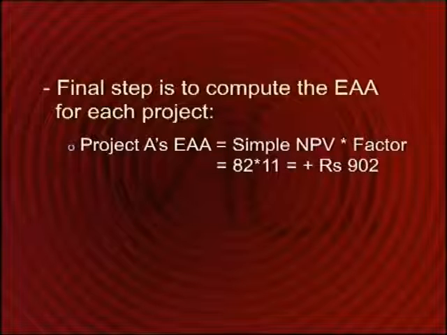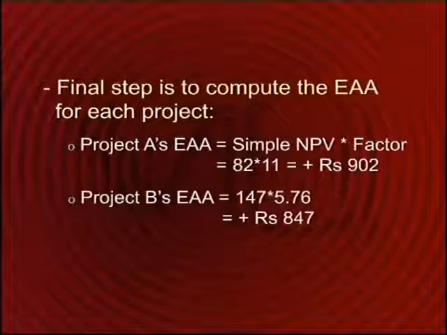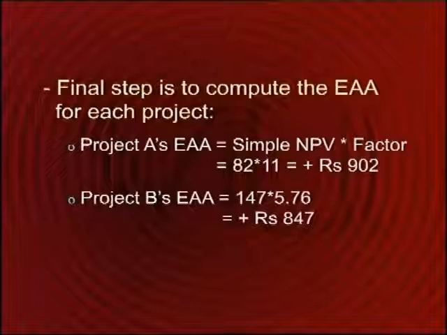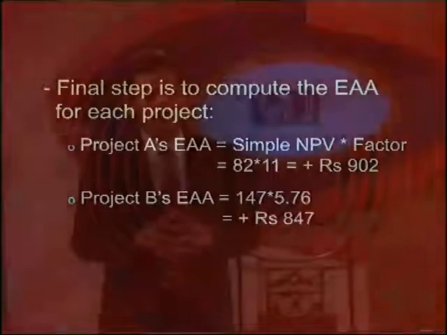And that gives us an effective annual annuity for project A equal to 902 rupees positive. Similarly, in the case of project B, which had a life of 2 years and an effective annual annuity factor of 5.76, the annuity value is equal to 147, which was its simple net present value, multiplied by 5.76. And that is equal to 847 rupees positive.